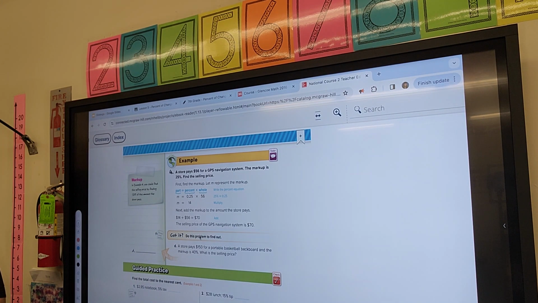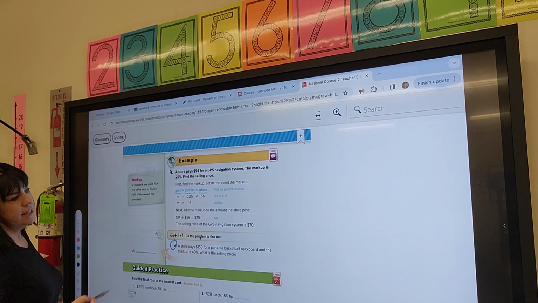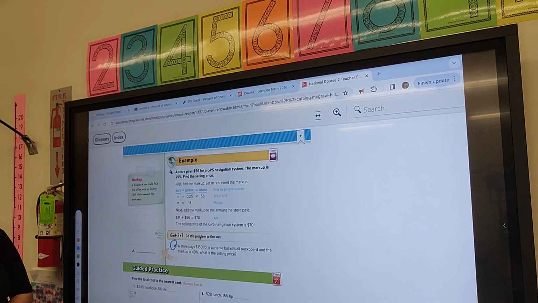We said that markup is when a store marks up the cost of an item from what they paid for it so that they can earn money. So we're going to look at D, this one right here. It says the store pays $150 for a portable basketball backboard, and the markup is 40%. What is the selling price?